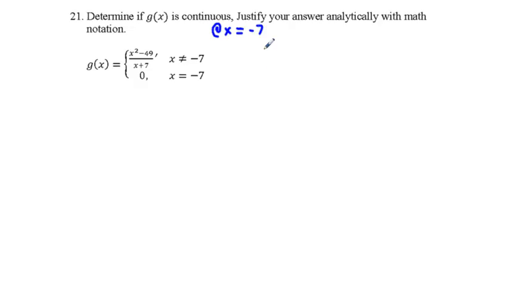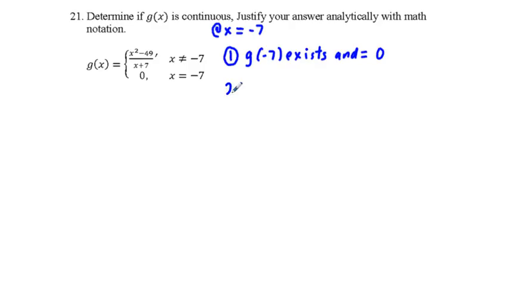That's going to be our critical number. The conditions for continuity are, first of all, that g of negative 7 exists, and we know that that is equal to 0.